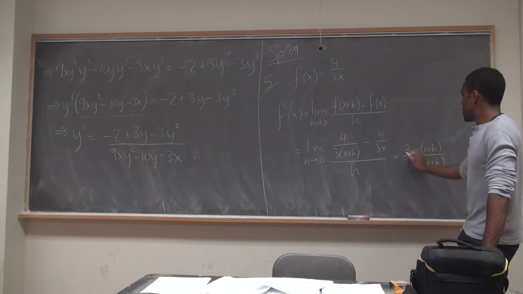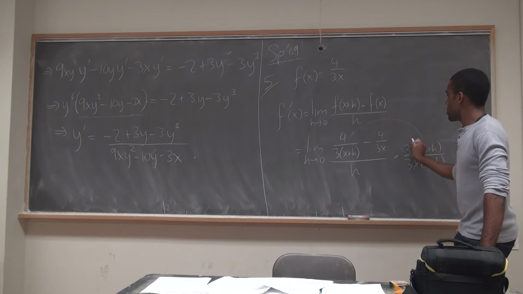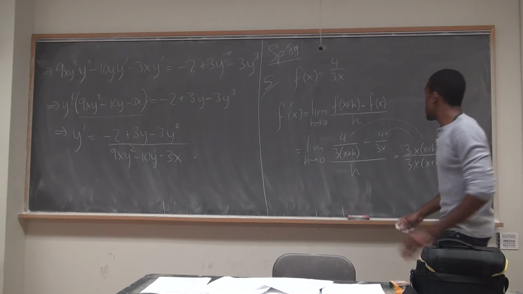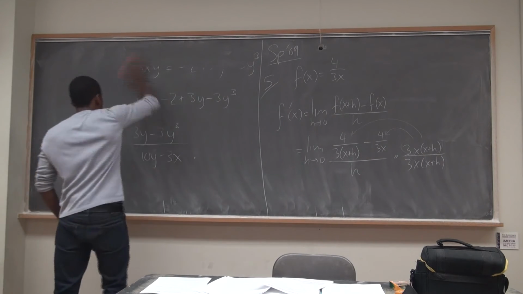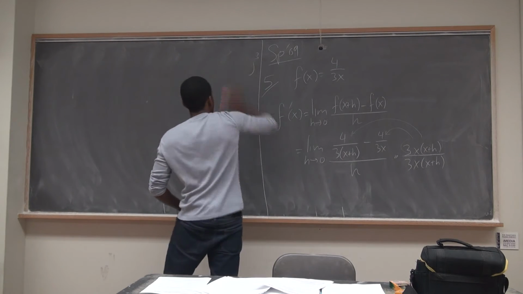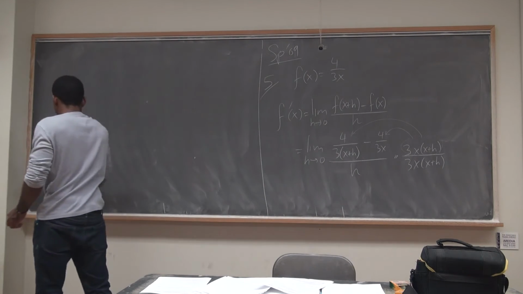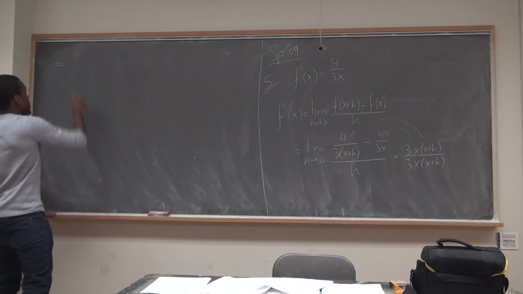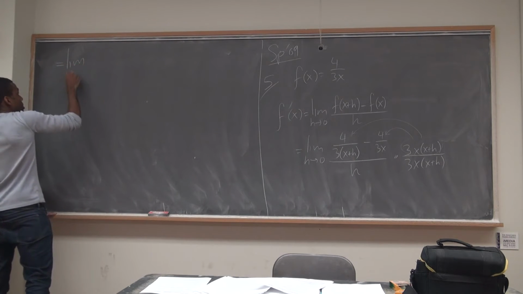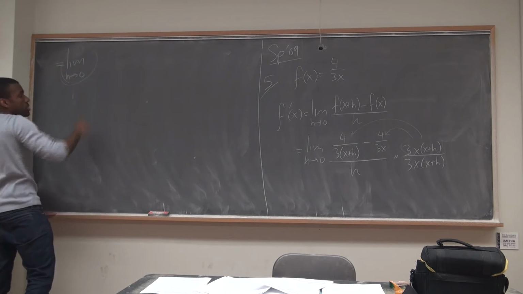So then I take this guy, I'm going to multiply that, I'm going to multiply that, distributes. I didn't take the limit yet, I keep writing this limit. Notice that I keep writing this limit.